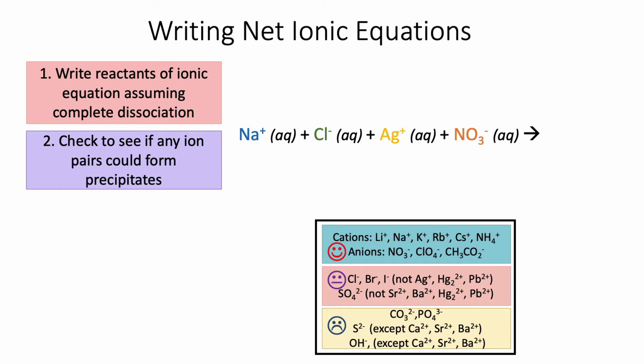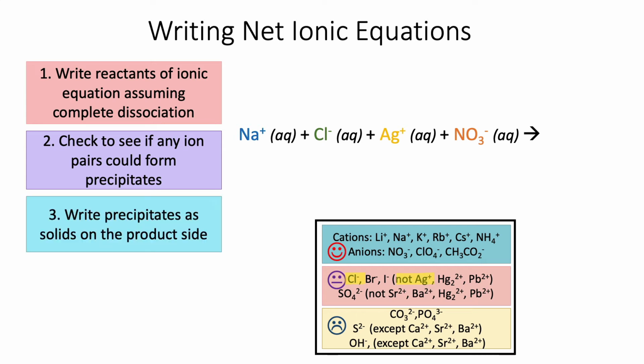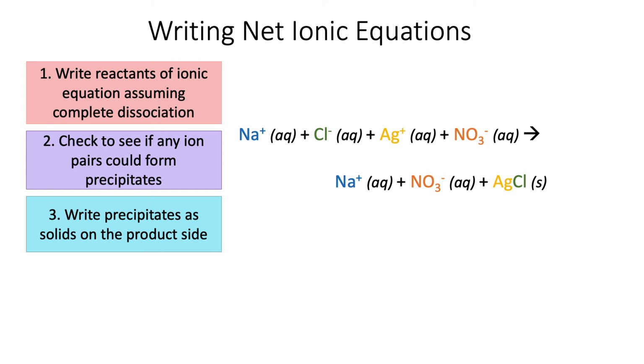If you look at our solubility guidelines here, which I've sort of abbreviated, you can see that chlorides are usually soluble, but not with silver. So that tells us that silver and chloride would form a precipitate. And so we're going to write that as a solid on the product side, AgCl, and then everything else remains as an aqueous ion. Now, we're going to make sure the atoms and the charge balance.